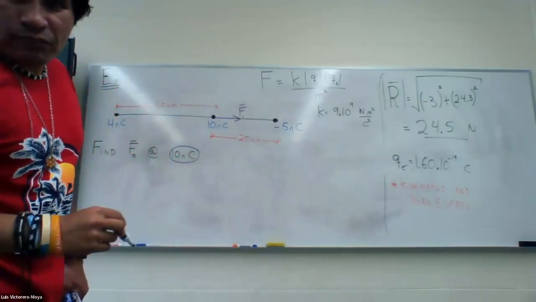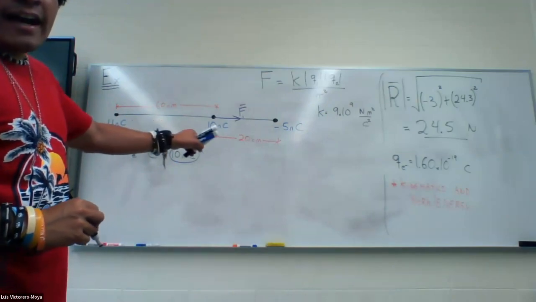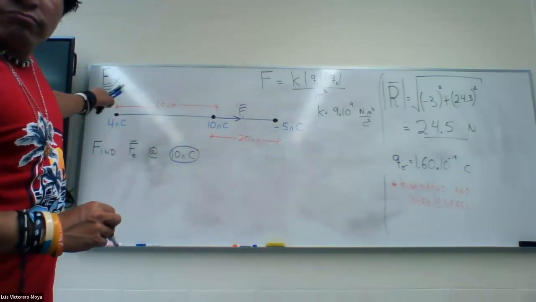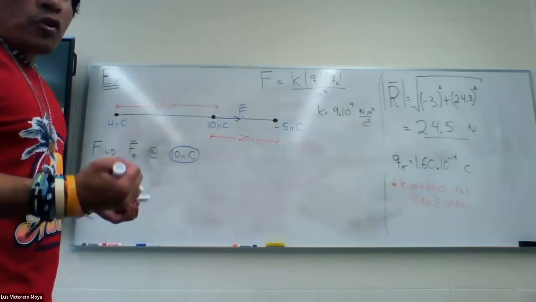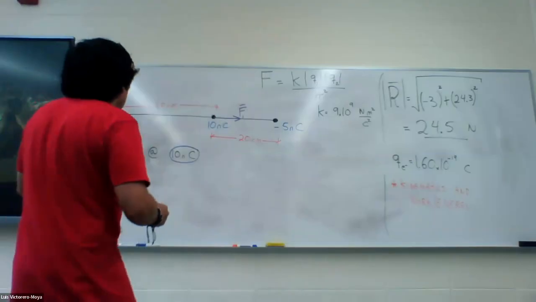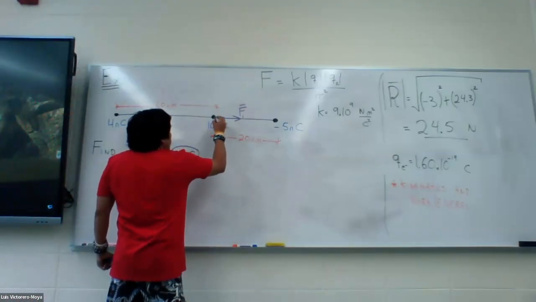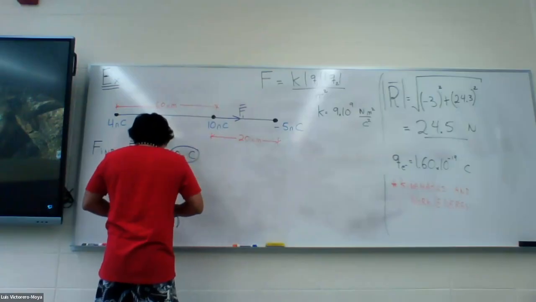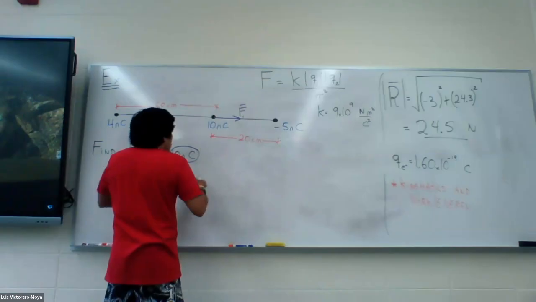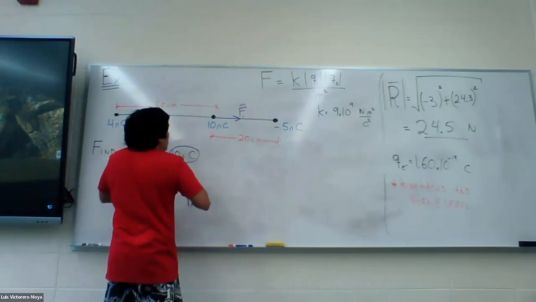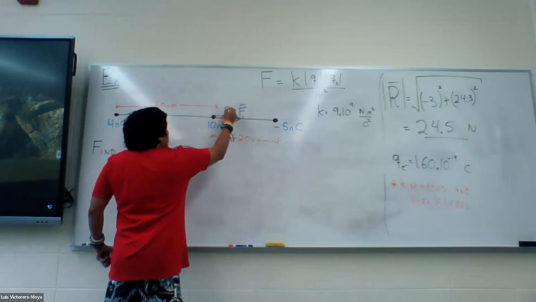Make sense? Right? What about 10 and 4? They both are positive. Because they are both positive, they repel. So you're going to have a force here, F2.